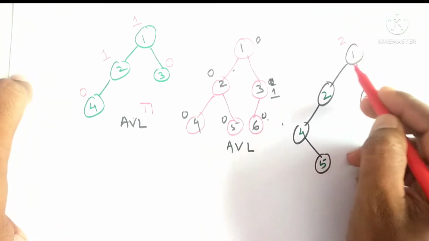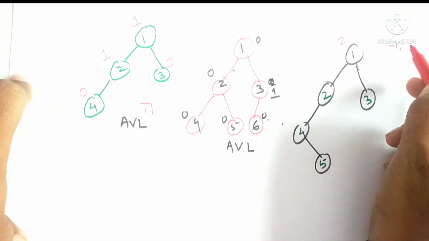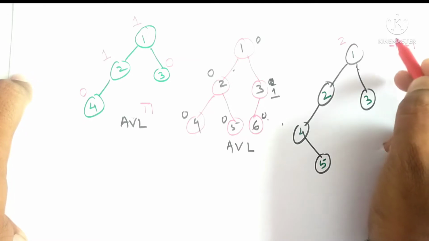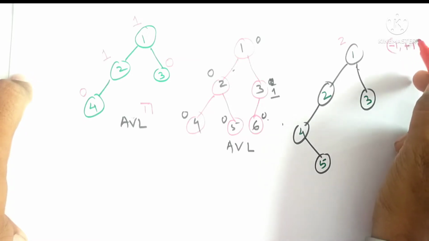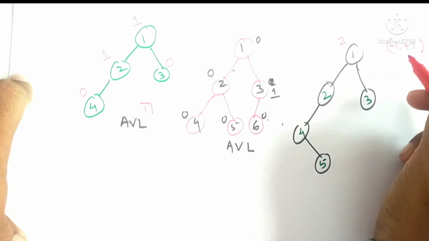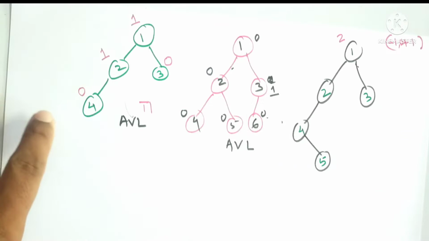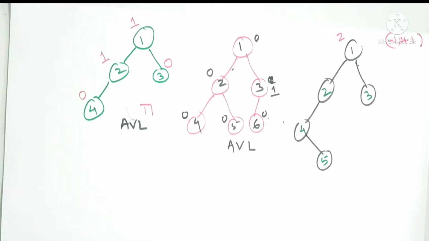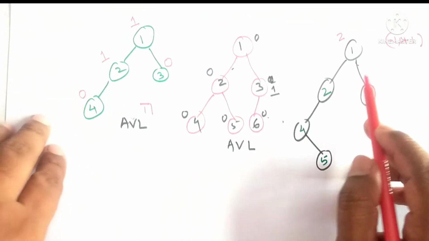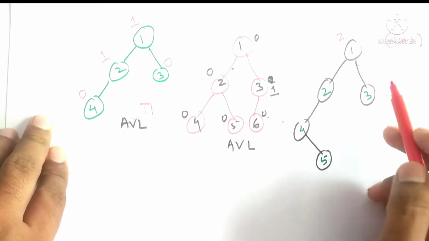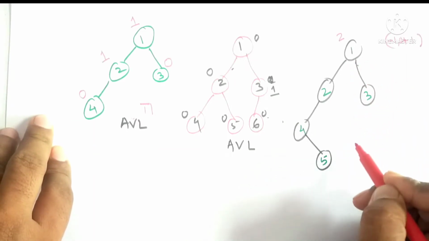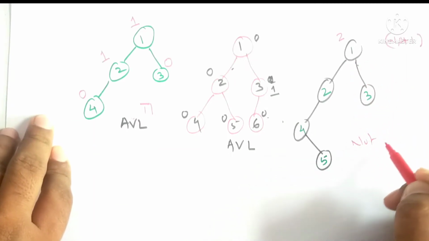So here the balance factor is not lying between -1 to +1 through 0. So here it is not within that range. That's why it is not an AVL tree.